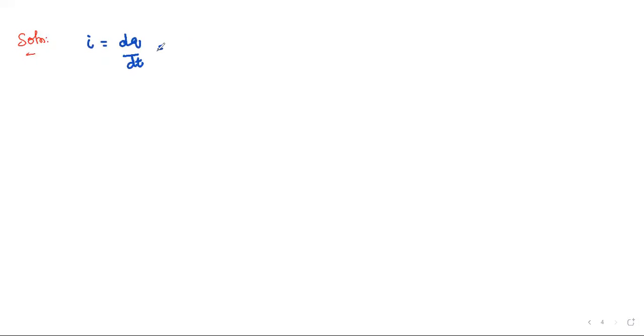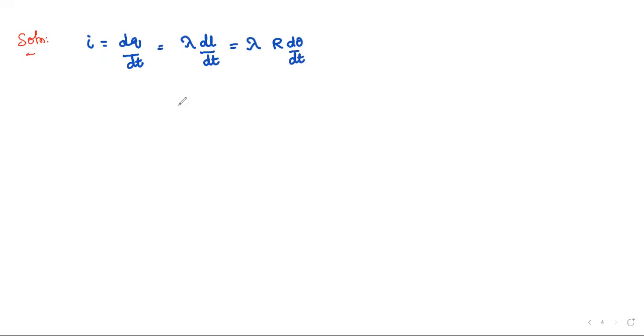But dq is nothing but lambda into dl, divided by dt. The dl is rotating with a constant angular velocity. So lambda times dl, we write as r d theta, divided by dt.